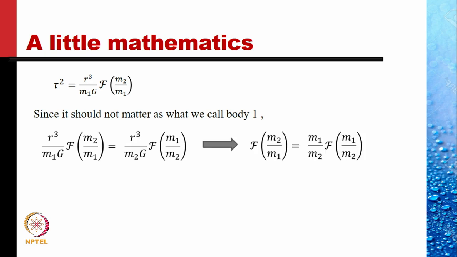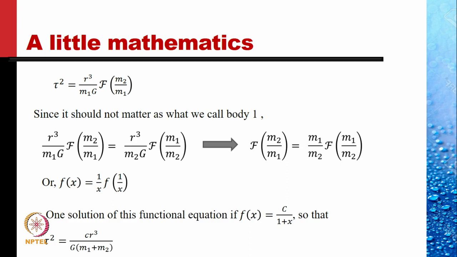And if we do this, we get the function of m2 by m1 should be equal to m1 by m2 into the function of m1 by m2. That is, f of x is like 1 over x times f of 1 over x. One solution of this functional equation is if f of x is like c divided by 1 plus x. c divided by 1 plus x satisfies this functional equation.